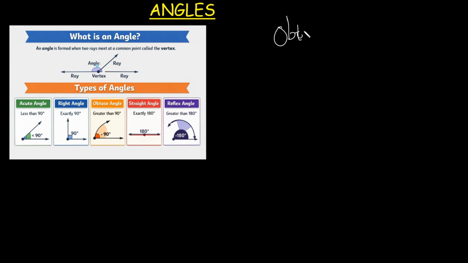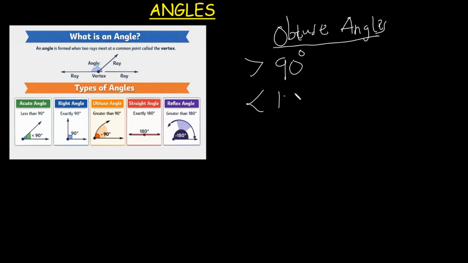obtuse angles are greater than 90 degrees but less than 180 degrees. So any angle which is greater than 90 degrees but less than 180 degrees is an obtuse angle. So we can have 100 degrees as an obtuse angle, because 100 is greater than 90 degrees but less than 180 degrees.